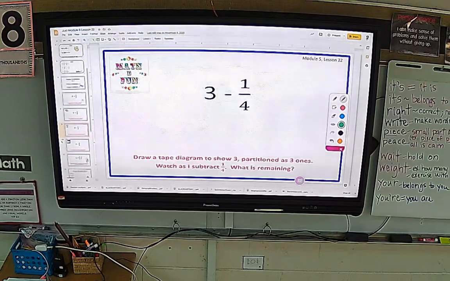What is something you could draw with a tape diagram to show 3 minus 1/4? What would this look like on a tape diagram? No, it's not 3 and 1/4. It's 3 minus 1/4.